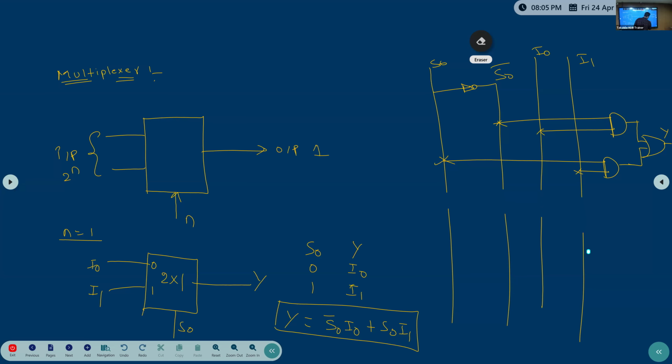Any questions, any doubts here? No, sir. Very easy thing. At least you need to remember this equation. But no one will ask the mux definition and mux equation in an interview, right?